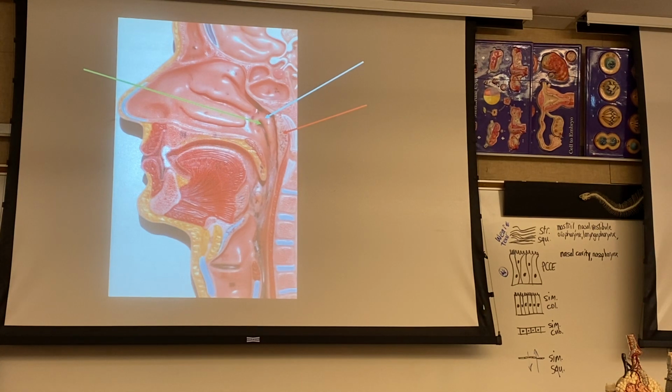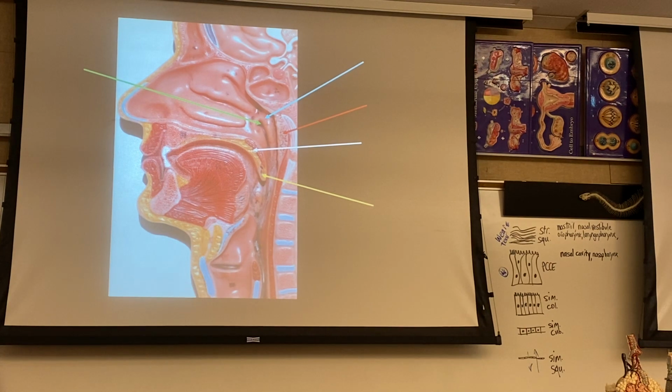But again, separating this nasopharynx from the oral cavity is the soft palate in white. And on the midline of the soft palate, you have the uvula, and you need that to seal off the nasopharynx when you swallow. Uvula is yellow.